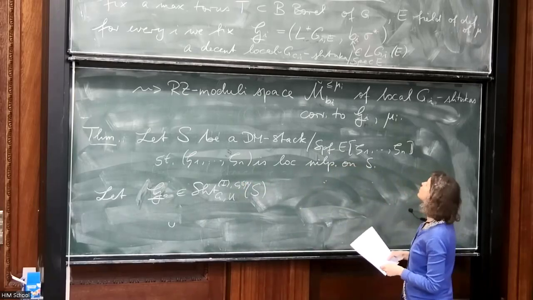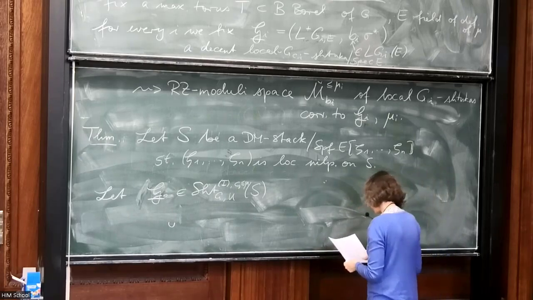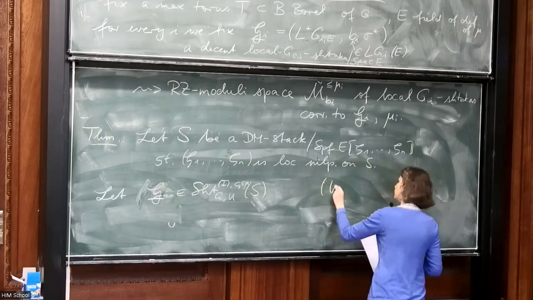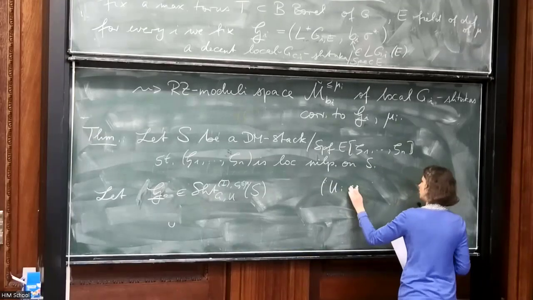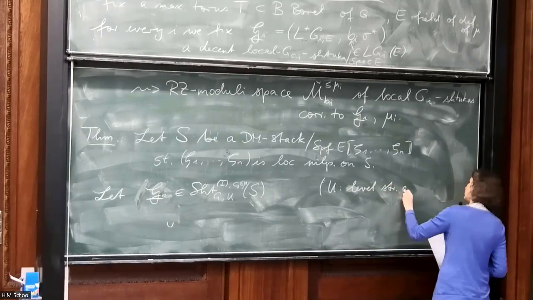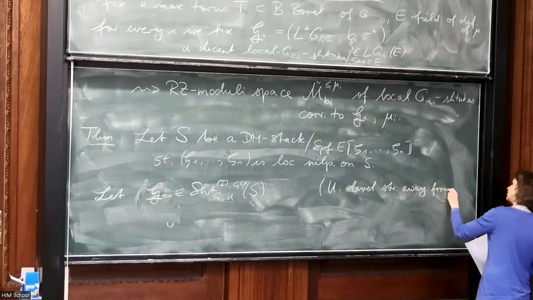I want the bounds by mu. And U is a congruence subgroup, or this is level structure, away from the places, from the legs.